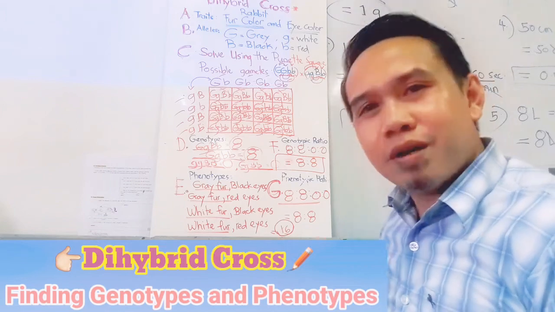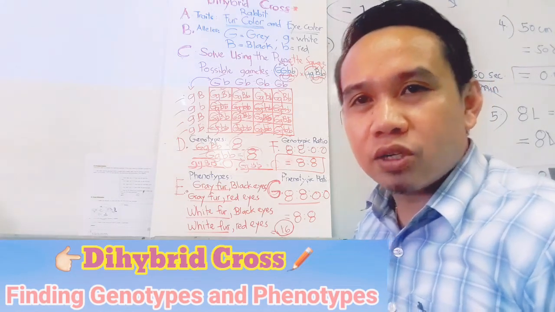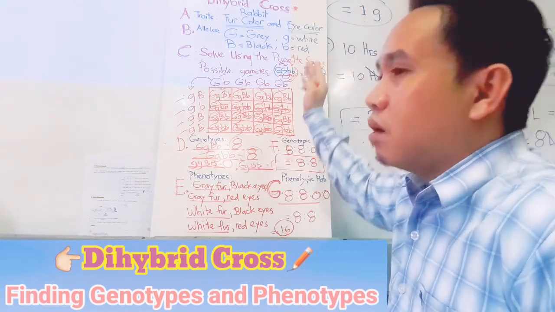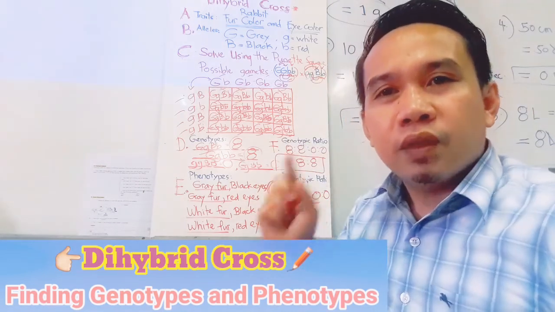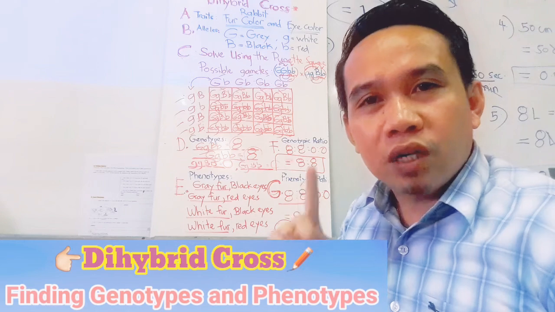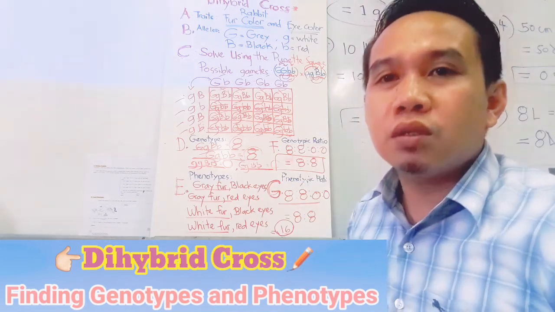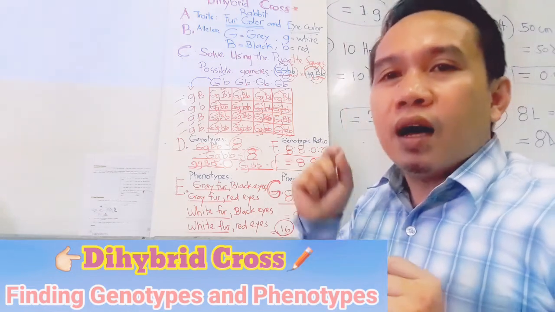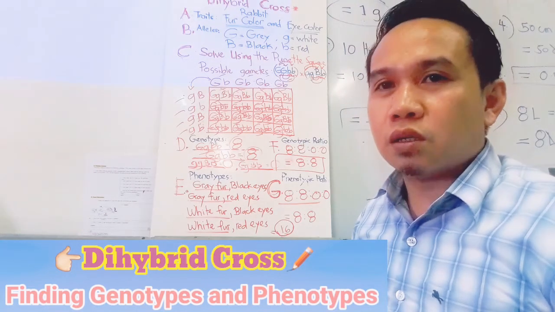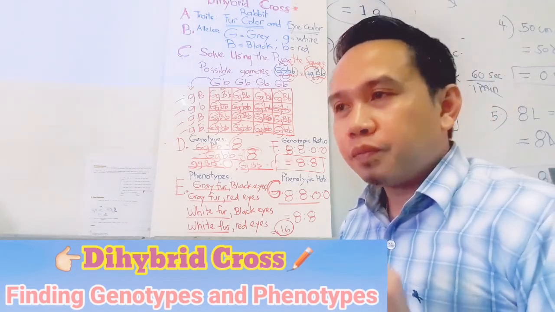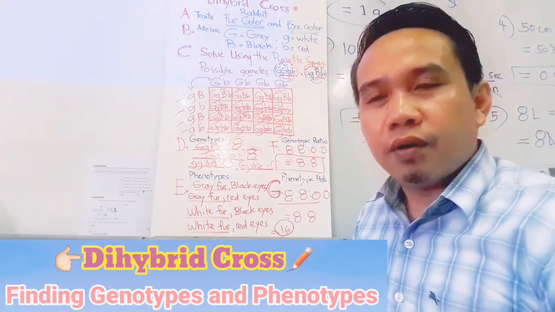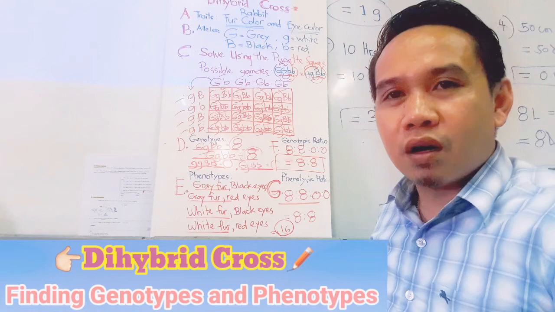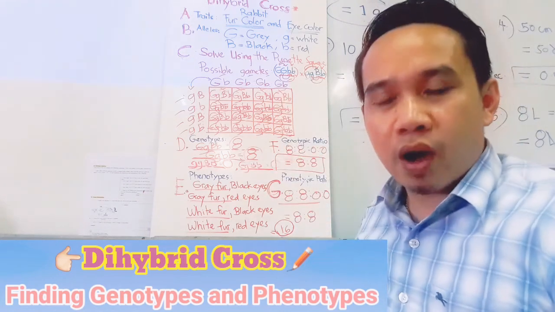But first, it is very important that we are going to understand and analyze carefully about the given problem in dihybrid cross. Why? Because these are involved not only one trait but also 2 traits. So this is one of the most basic application for our students, by teaching them on how to solve monohybrid cross, dihybrid cross, okay, using a Punnett square.